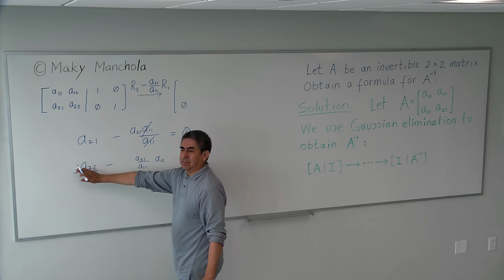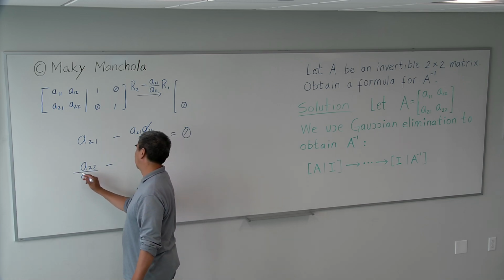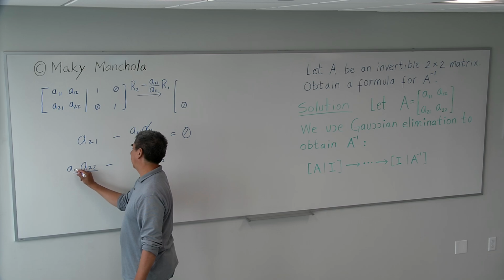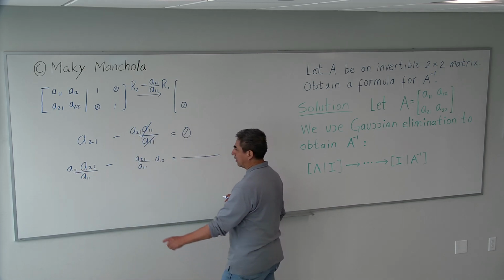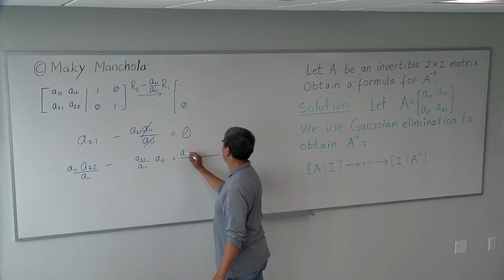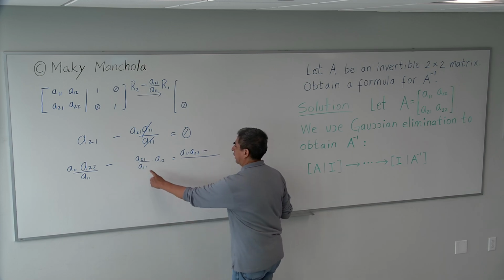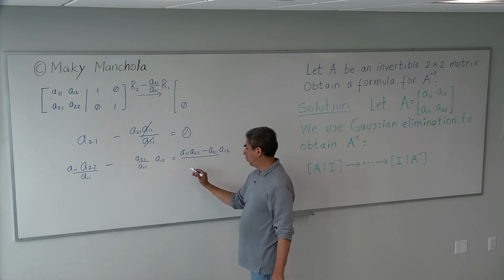I need the first term to have the denominator A11, so we multiply top and bottom by A11. The result: A11 A22 minus A21 A12 over A11.